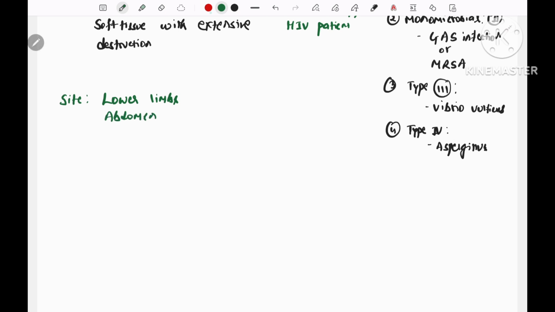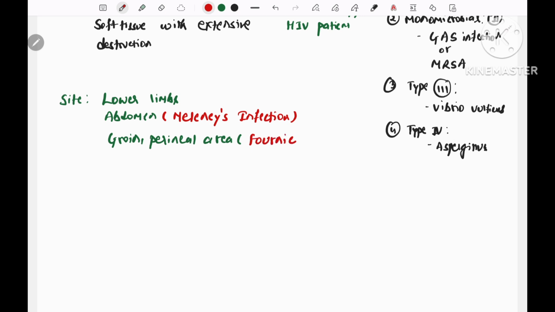But if it occurs in the abdomen, then we term this necrotizing fasciitis as Meleney's gangrene, or Meleney's infection. And if this infection occurs in the groin or perineal region, then we term it Fournier's gangrene.